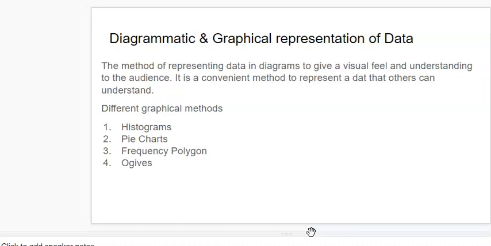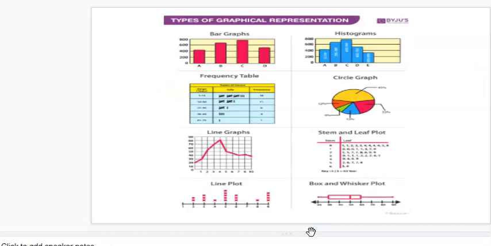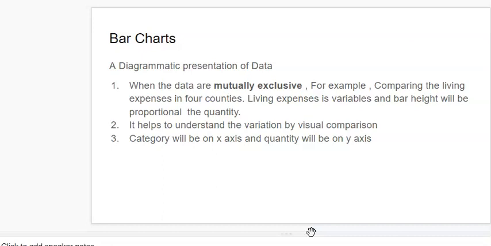Here I am telling about 4 types of graphs, as examples only: bar graph, histogram, pie chart, frequency. The first one is the bar chart. Usually bar charts are used for heterogeneous, mutually exclusive data.